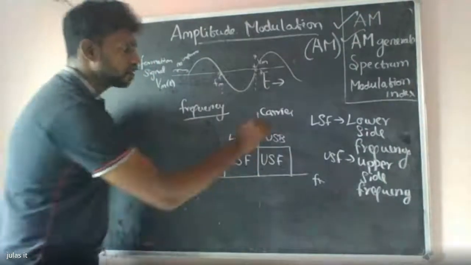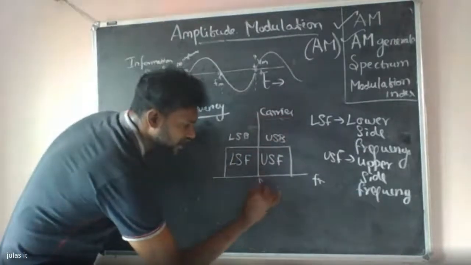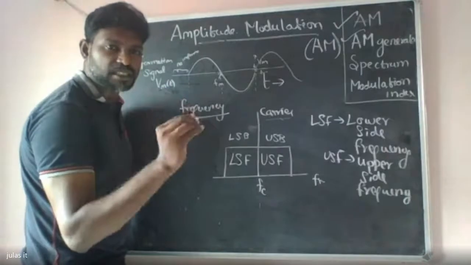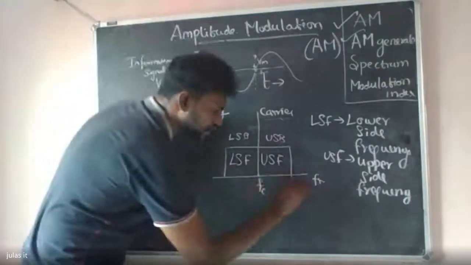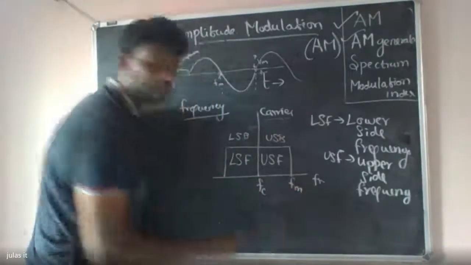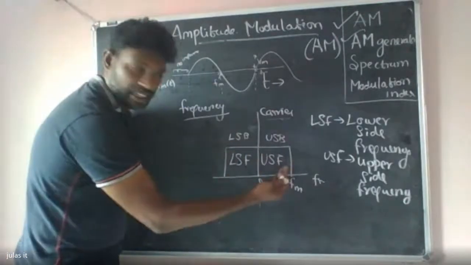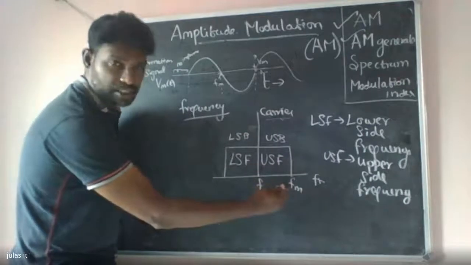Now the carrier frequency is represented as FC, and the message signal or information signal is represented as FM. But two sidebands are present, this one side, this one side. So how do we represent this?